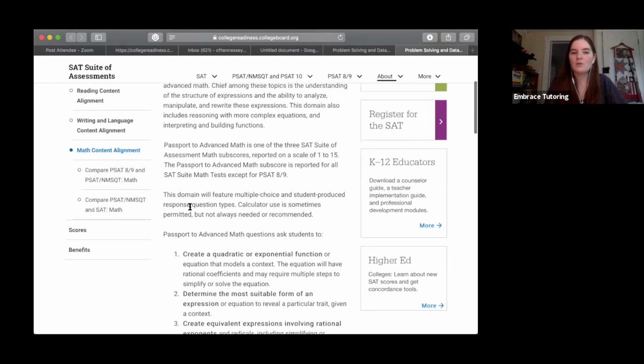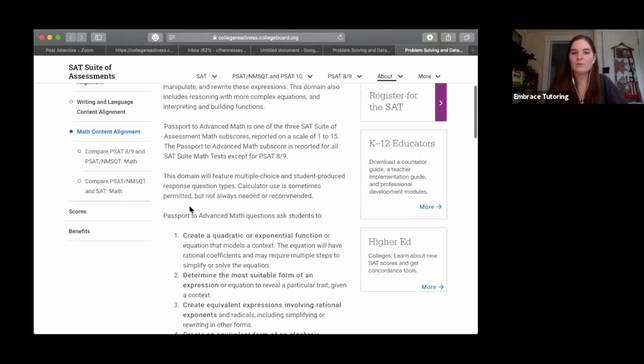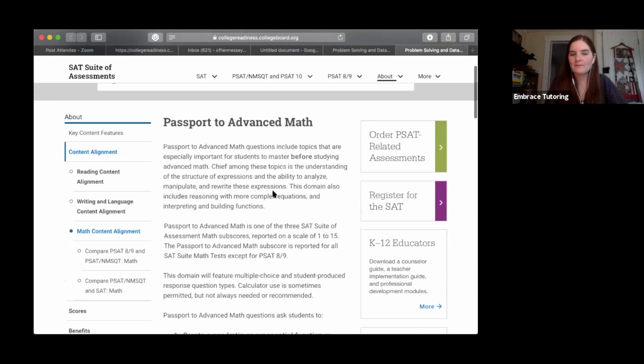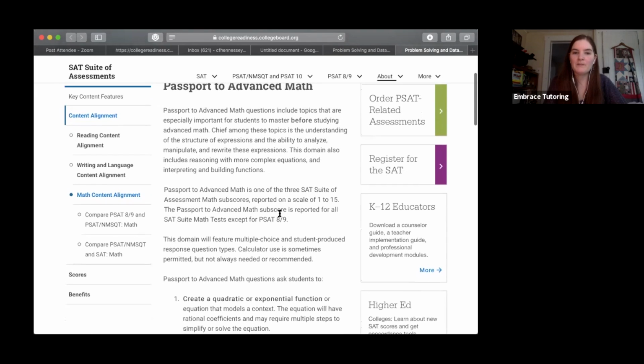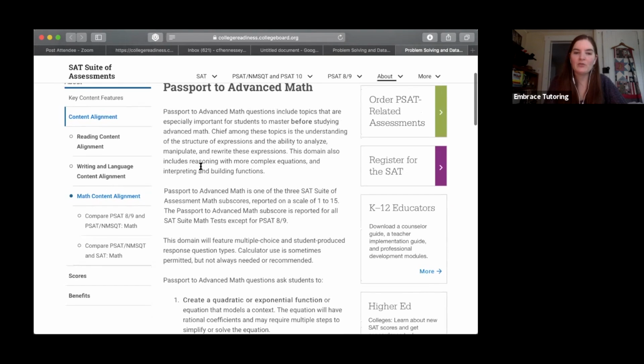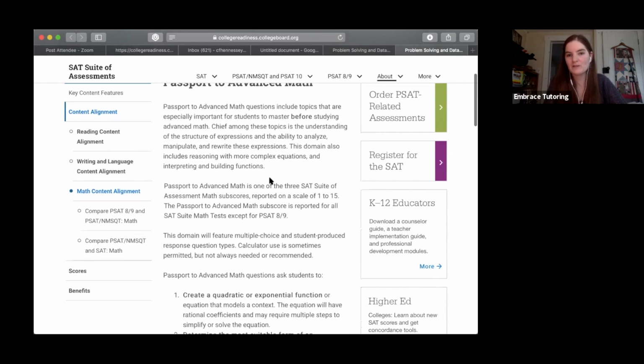So it's very important for you to be familiar with this category of math questions, and to know how to manipulate, rewrite the expressions, and to be able to analyze the structure of expressions, and understand what it is that they're telling you, the information that they're providing for you. So it includes reasoning skills with more complex equations and interpreting and building functions.